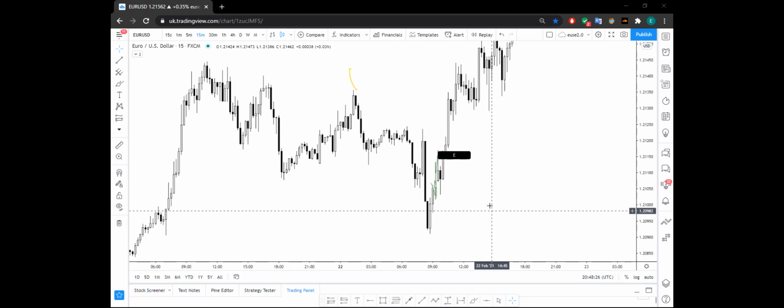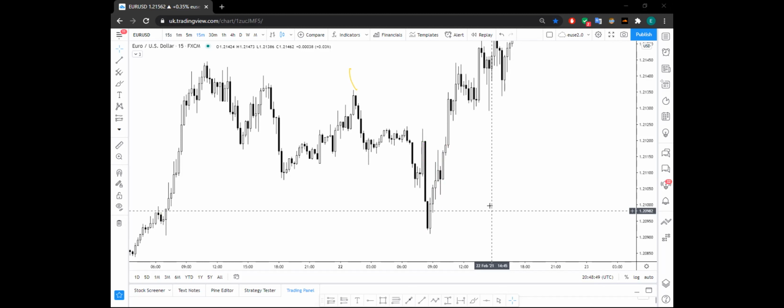Quick question. Is it also a V shape recovery if we didn't break? When I'm looking for a V shape recovery, for example this one, for me it will be a V shape recovery once we BOS this one, or is there already some other V shape recovery in that?